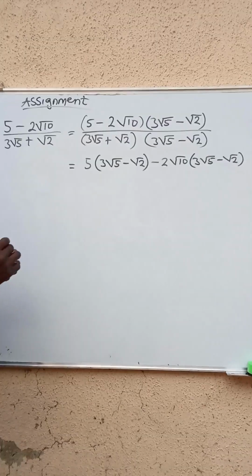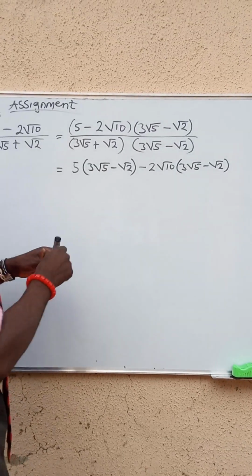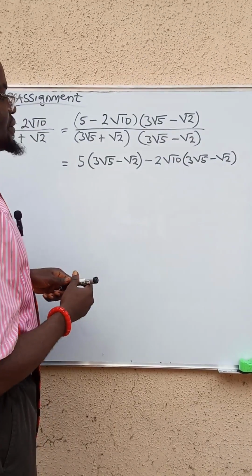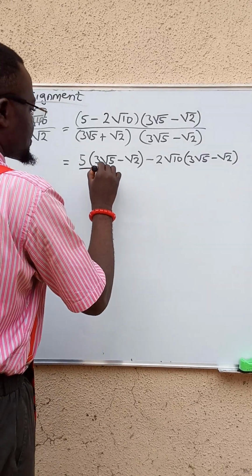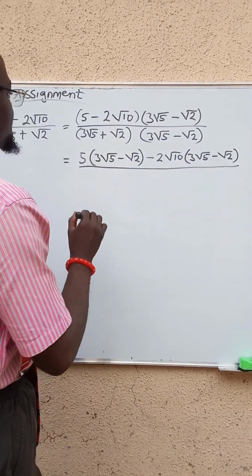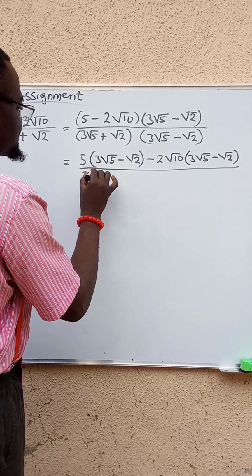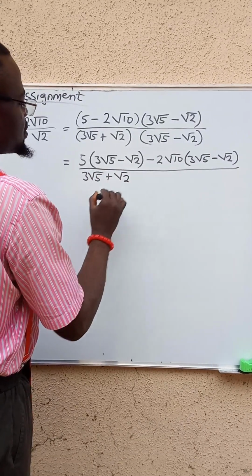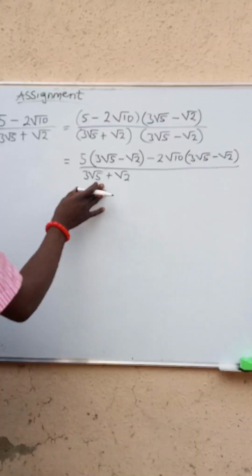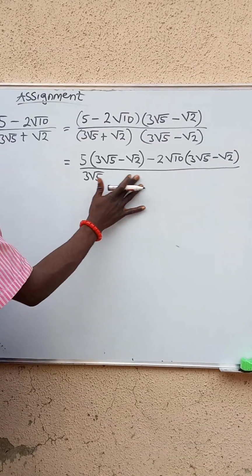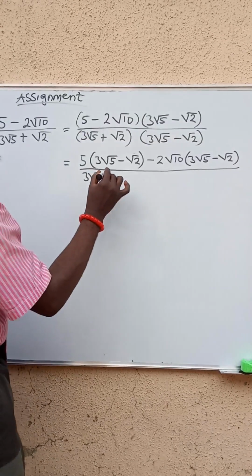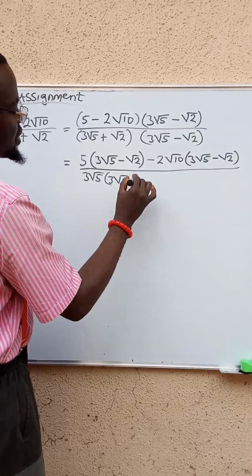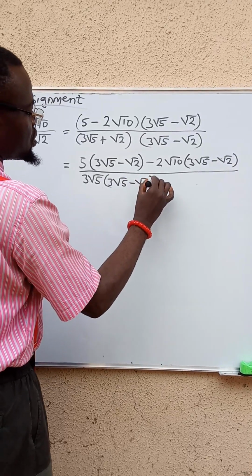For me not to make mistakes, bring each of the terms and multiply this, over the same thing here, 3 root 5 plus root 2. Look at it. That is the whole term in this first place. Open the bracket, 3 root 5 minus root 2.